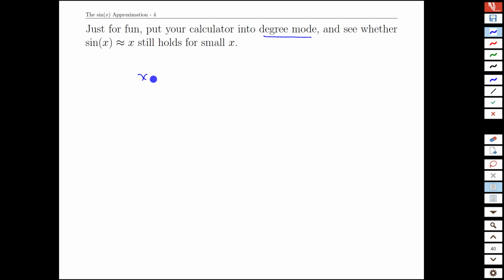So if you have an x of, let's say, 5 degrees, sine of x is right off the bat, it can't be 5 because sine doesn't go that big. But if we do sine of 5 degrees, we get 0.087. These things are not even remotely equal to each other.